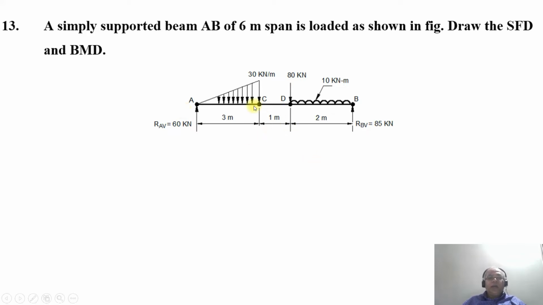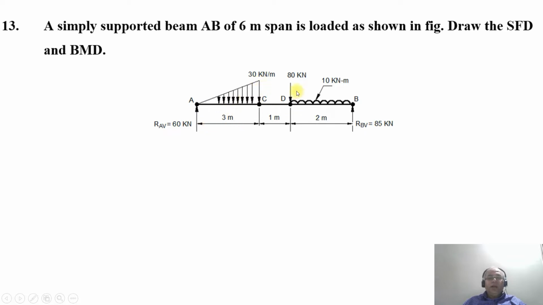First, we have a simply supported beam with supports at points A and B. You have vertical reactions at A and B. From point A, there is a uniformly varying load from 0 at A to a maximum of 30 kilonewton per meter at point C, over a 3 meter span.